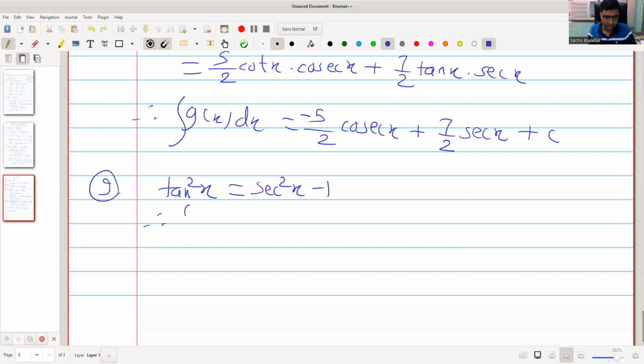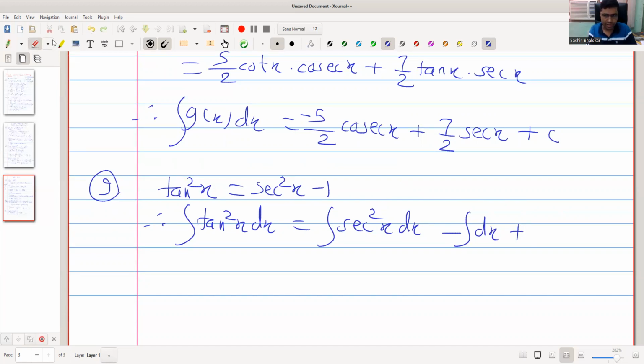Therefore integral tan square x dx equals integral sec square x dx minus integral dx, plus c will be there in the next step. So this is tan x, this is minus x plus c.